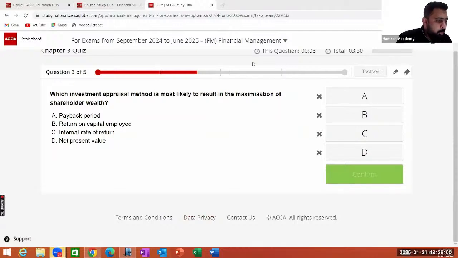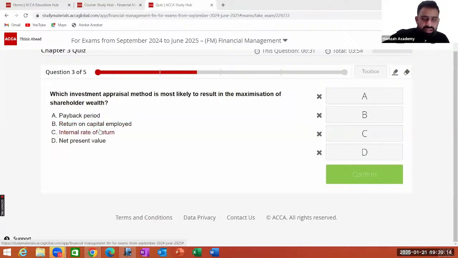Now, which investment appraisal method is most likely to result in maximization of shareholder wealth? Okay, let me tell you the answer. Obviously, payback period and return on capital employed are not the methods which consider the time value or shareholder wealth.